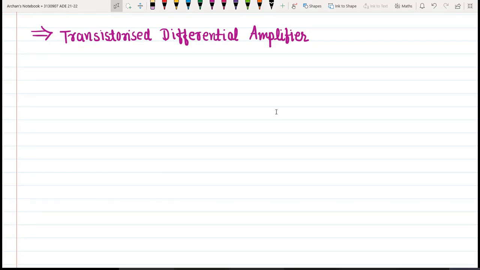As we know that differential amplifiers have two input signals, in this case I am going to use two identical emitter biased circuits. Let us start with this. Say I have one supply voltage. This is my first transistor.